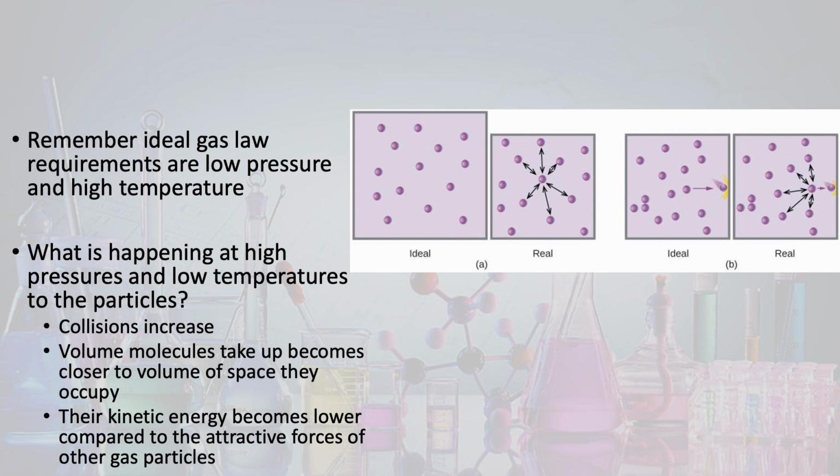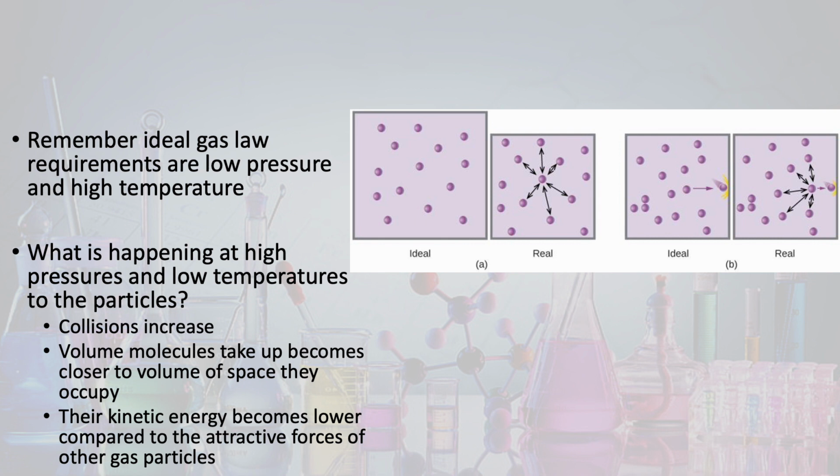As we increase the pressure more and more, the volume the molecules take up becomes much closer to the volume of the space they occupy. So in a theoretical sense, if we continue to squish down this square all the way until it was about this big, our gas molecules would actually occupy all the space of that container, as opposed to in our ideal conditions where they essentially occupy very little to almost none of the space of their vessel.